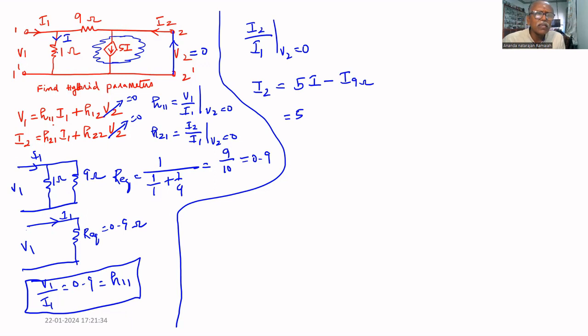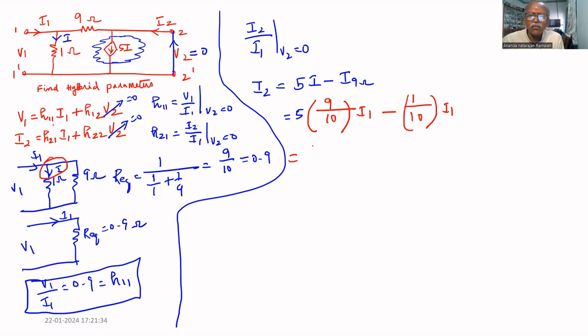I equal to what? If you see, this is I. I equal to the other branch resistance, that is 9 divided by 10, multiplied by total current I1. Current through 9 ohm is the other branch resistance divided by the sum of the resistances multiplied by I1.